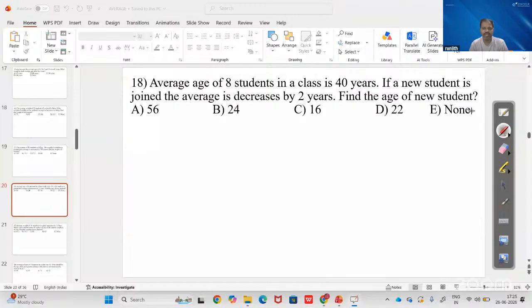In the last question, if the teacher is also included, then the weight increases. Here, when a new student is joined, the average is decreased by 2 years. Then the age of the new student will be a lesser value.